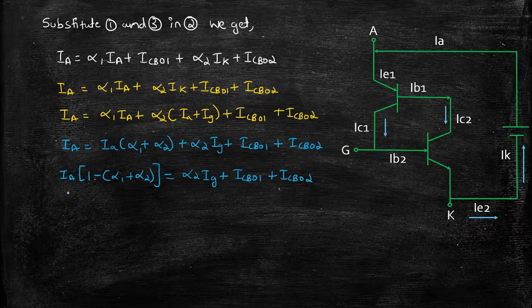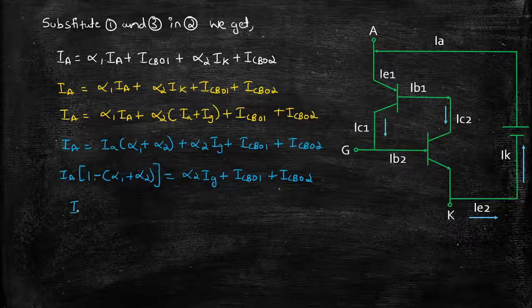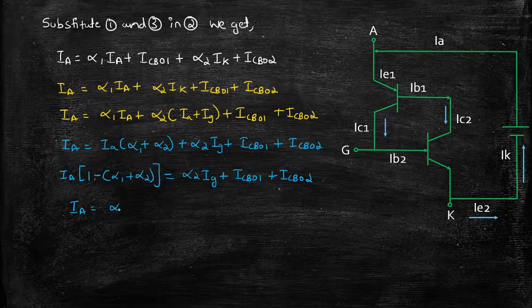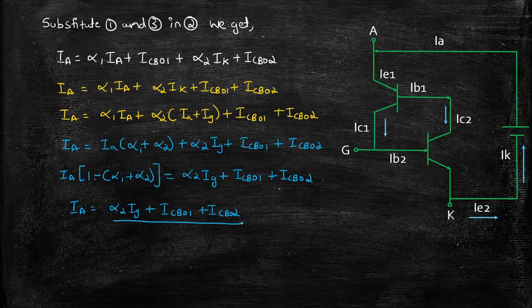Now can we write IA as alpha 2 into IG plus ICBO1 plus ICBO2 as it is, and take this term to the denominator. So we will be left with 1 minus of alpha 1 plus alpha 2. This is the final expression of anode current IA.